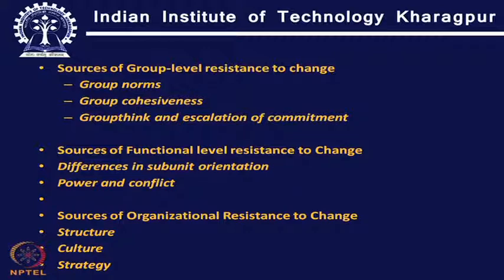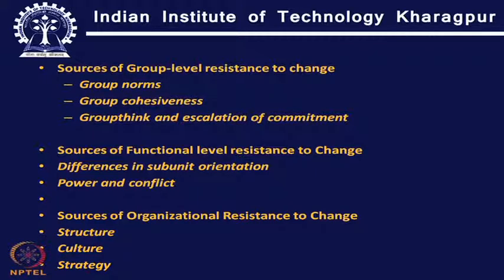Sources of functional level resistance to change are differences in subunit orientation, power and conflict situations present within the departments, in terms of sharing of resources.